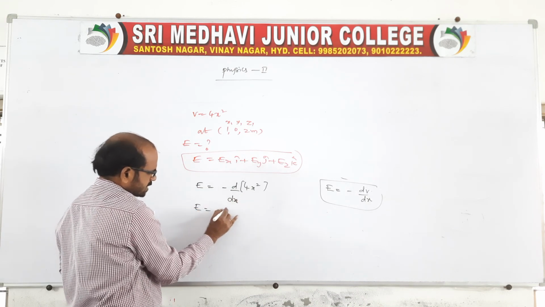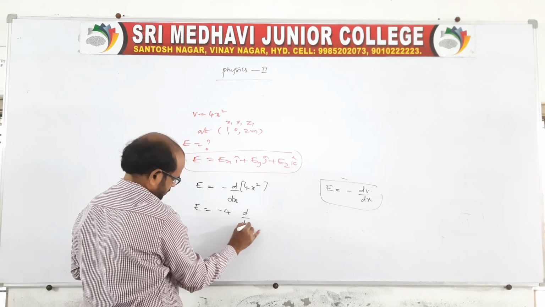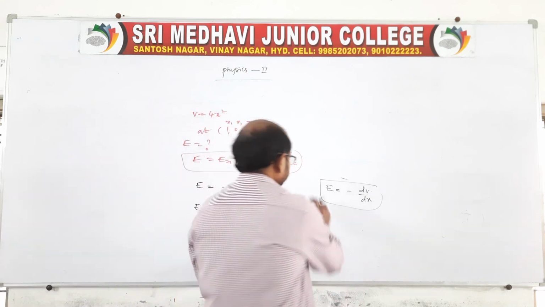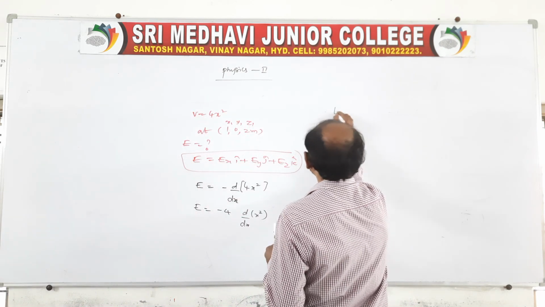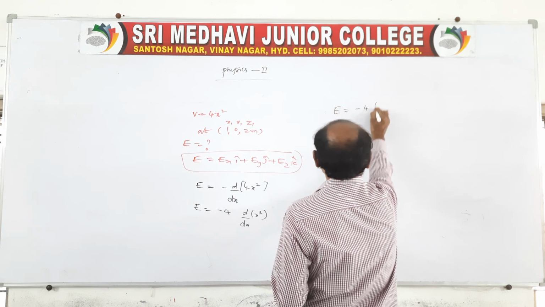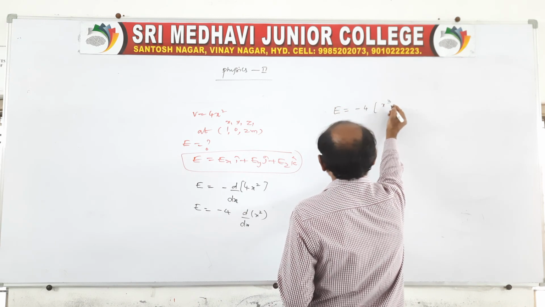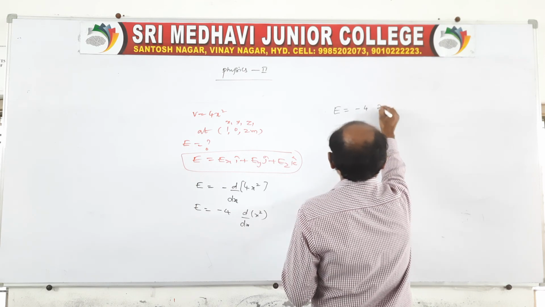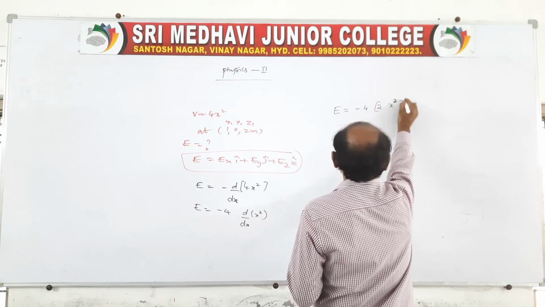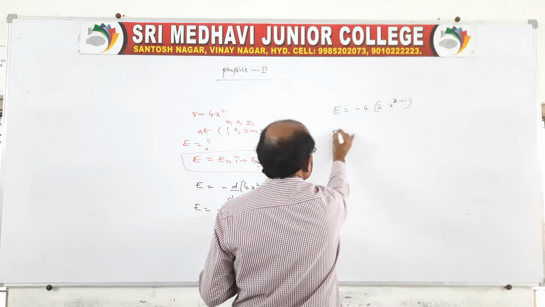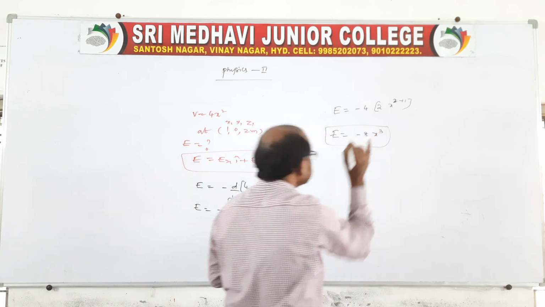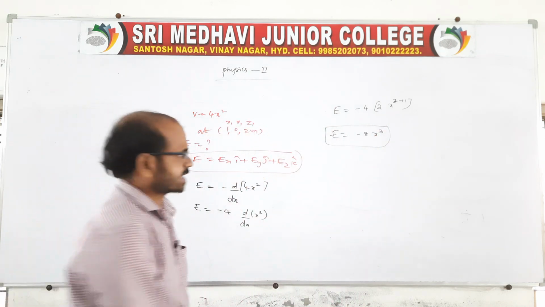So minus 4 into d by dx of x square, which is 2 into x to the power 2 minus 1. So it is minus 8 into x, along the x axis, you say Ex.